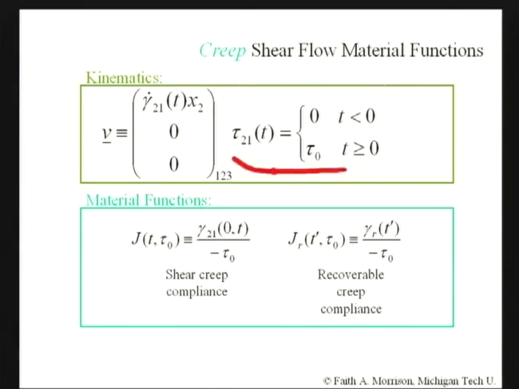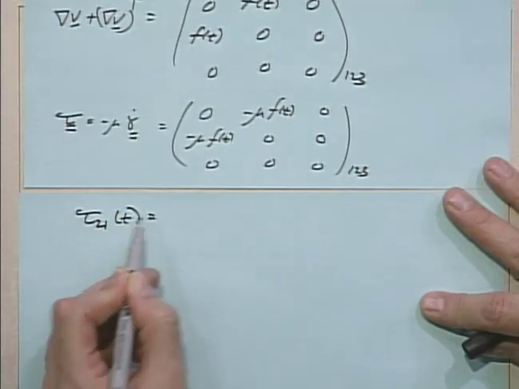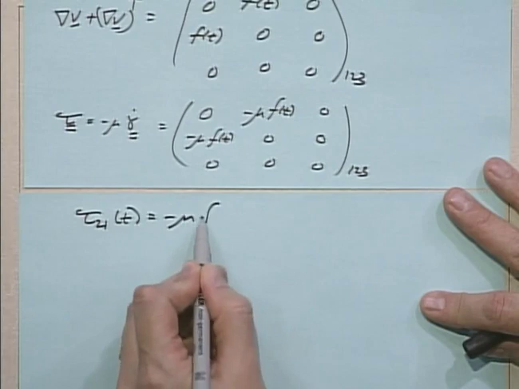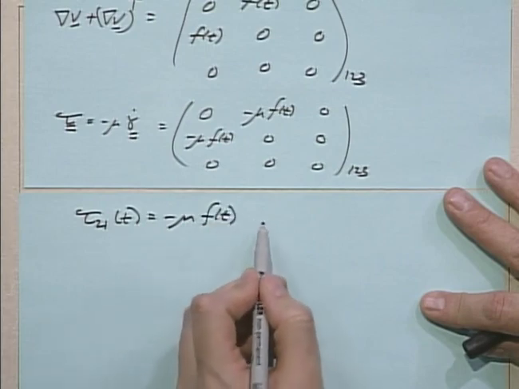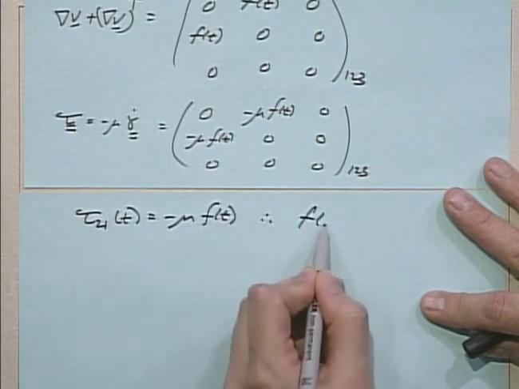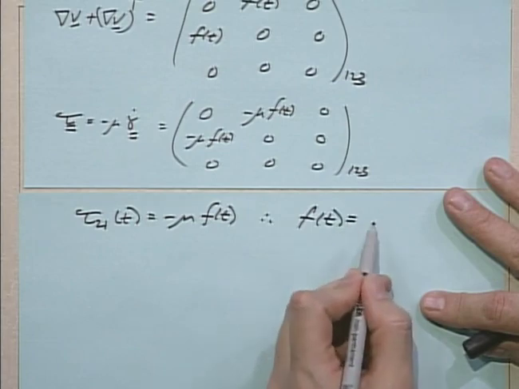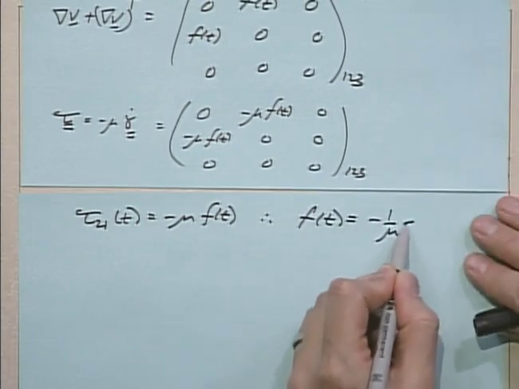So now I can back out what f is. I can see that tau21 of t must be equal to minus mu f of t. Therefore, f of t is equal to minus 1 over mu times tau21.